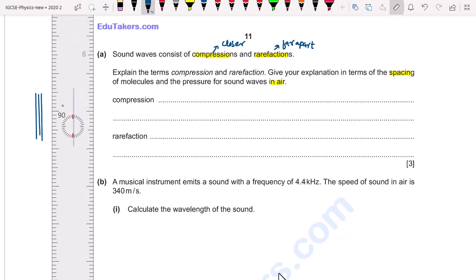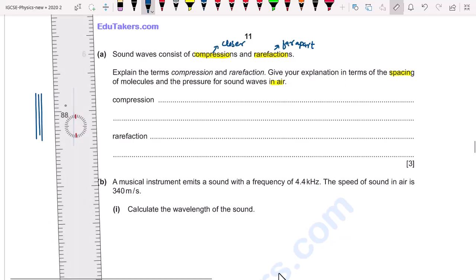This is compression and this is rarefaction.